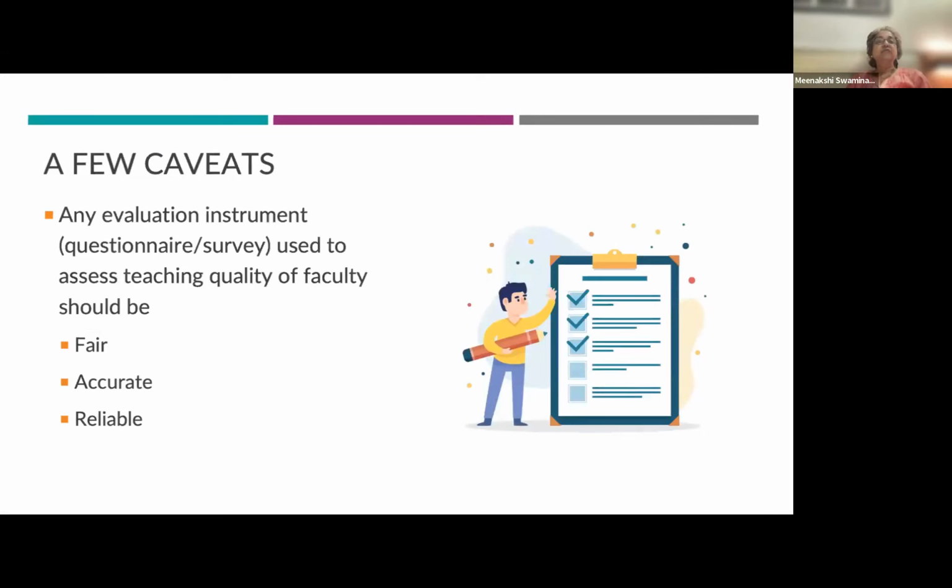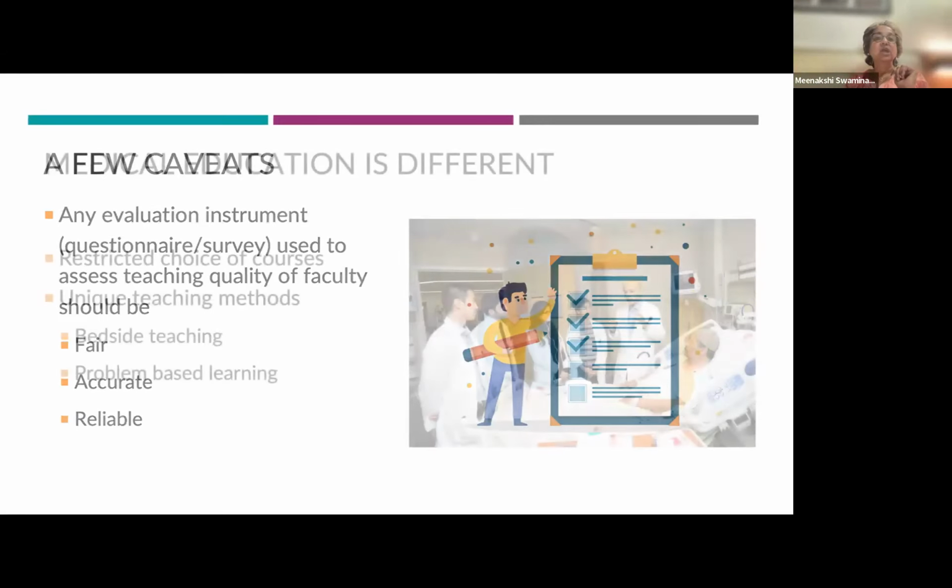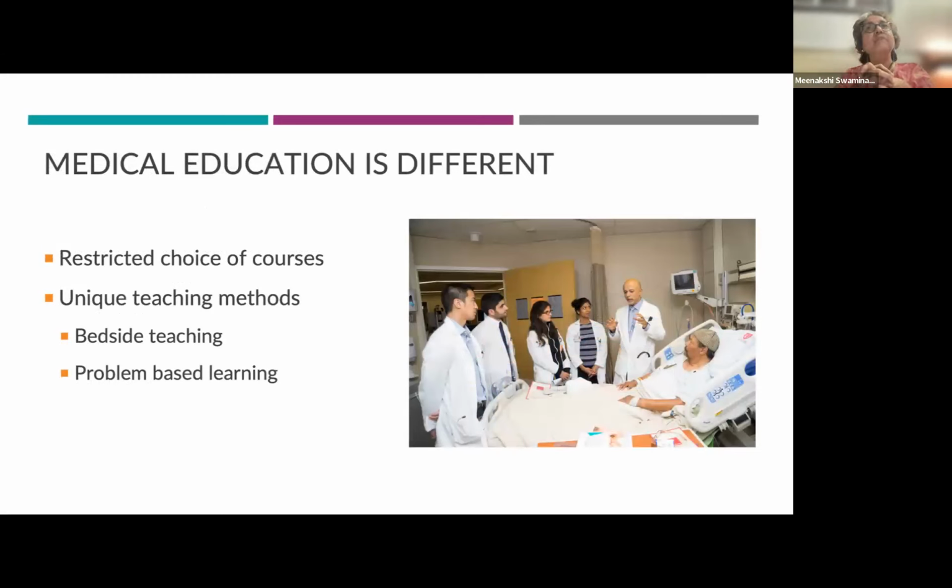So let's talk about a few caveats. Any evaluation instrument, questionnaire, or survey used to assess teaching quality of faculty should, first of all, be fair, accurate, and reliable. So I was wondering, why not just take questionnaires from graduate education? We have so many graduate programs, master's programs, non-medical.